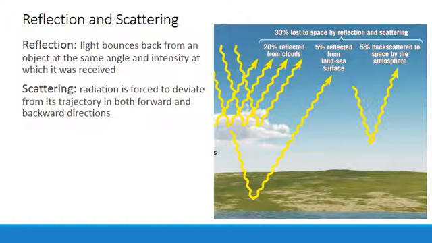When a beam of light strikes an atom, a molecule, or a tiny particle in the atmosphere, it can spread out in all directions. Scattering disperses light both forward and backward in a process called backscattering. Whether solar radiation is reflected or scattered depends largely on the size of the intervening particles and the wavelength of the light.